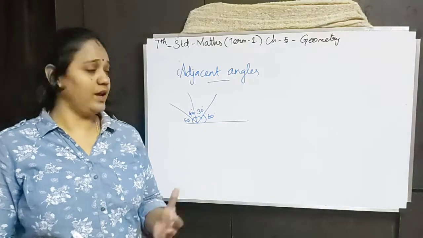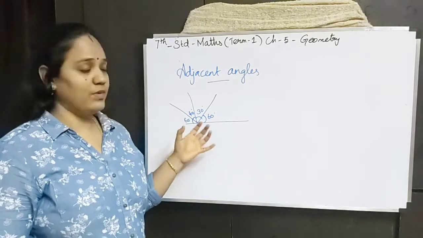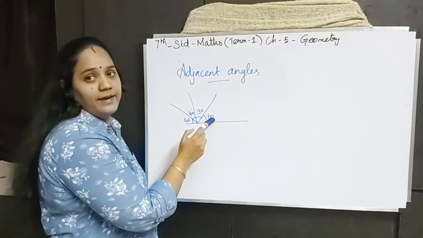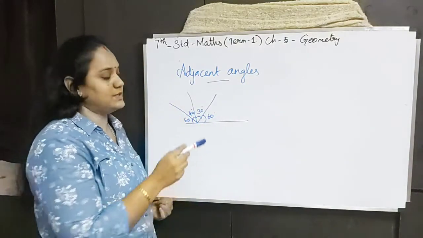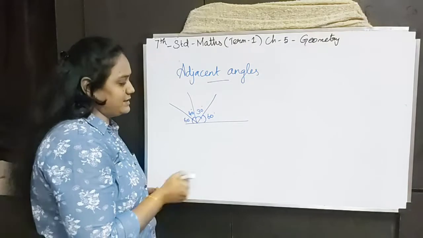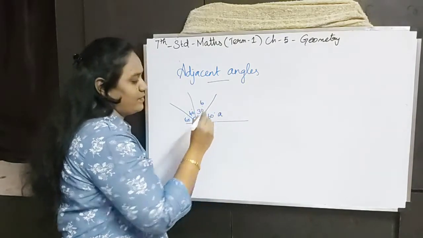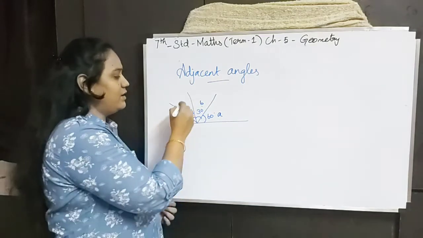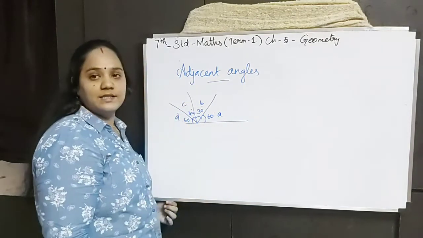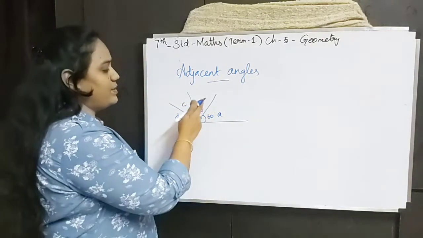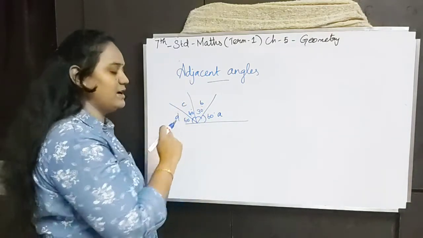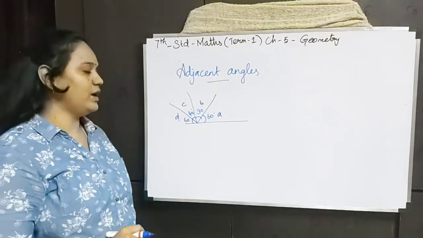Adjacent angles. Here I have drawn some angles. This 60 degree is adjacent to this angle 30 degree. Let us take these as A and B. A and B are adjacent angles, B and C are adjacent angles, C and D are adjacent angles.